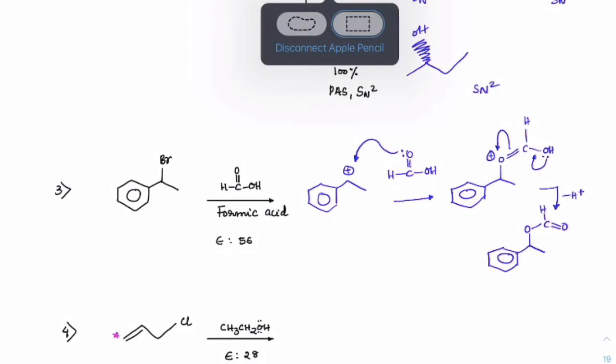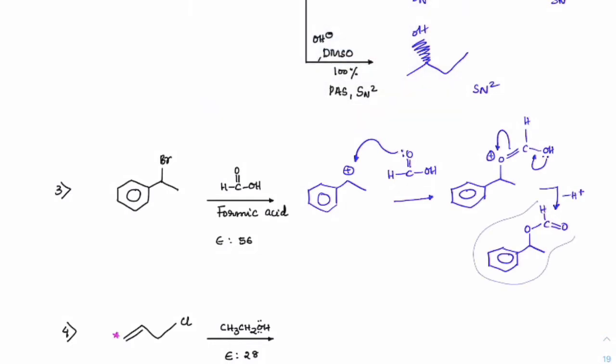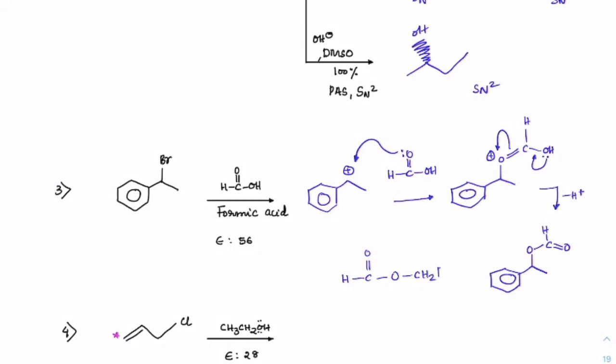The product which you are getting is actually a formate ester. So if you write it properly, it is HC double bond O, CH2, pH. This is what is forming. So an ester will be formed when you react with acids.